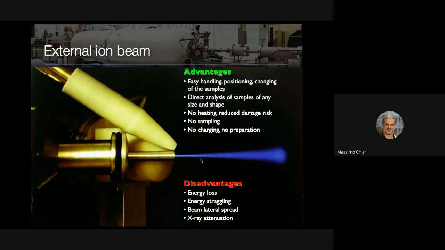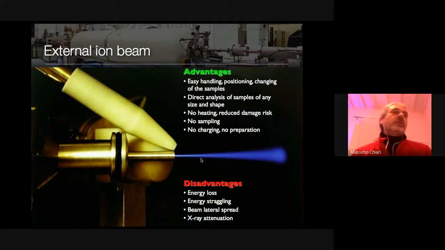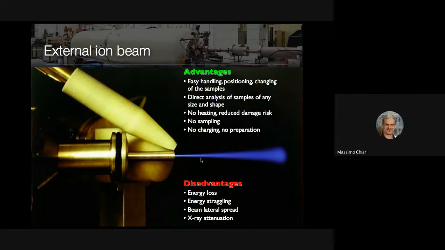And obviously, it has disadvantages that you have to take into account: the extracted beam is losing energy, the energy is not so well defined because you have energy straggling, the lateral dimension of the beam is increasing, and you also have the attenuation of the lower energy X-rays in the path from the sample to the detector.